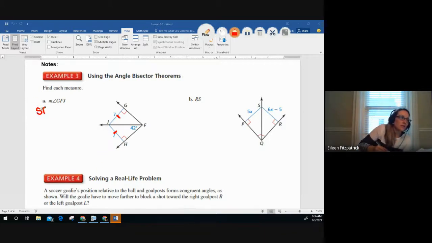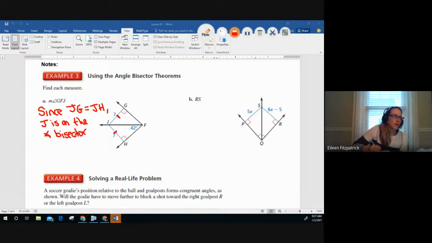So since, sorry, that didn't work. Let me try writing that again. Since JG is equal to JH, that means that J is on the angle bisector. All right, so if J is on the angle bisector, that means that ray FJ, I wrote that wrong, sorry, I looked at the diagram backwards.